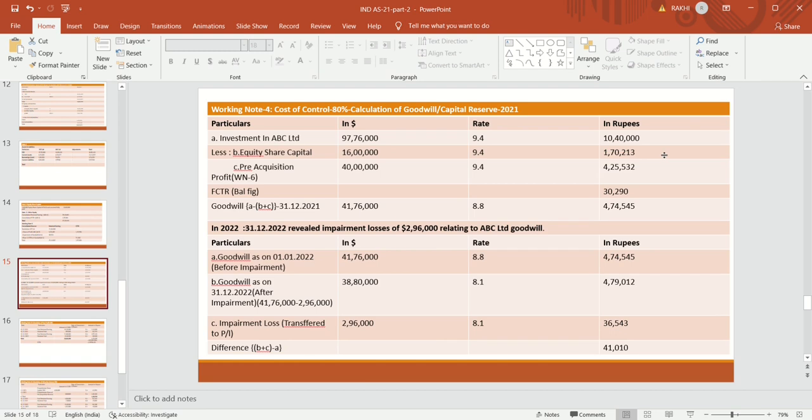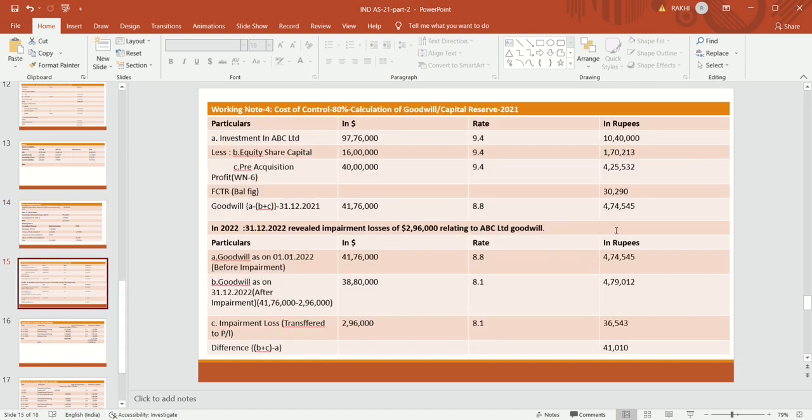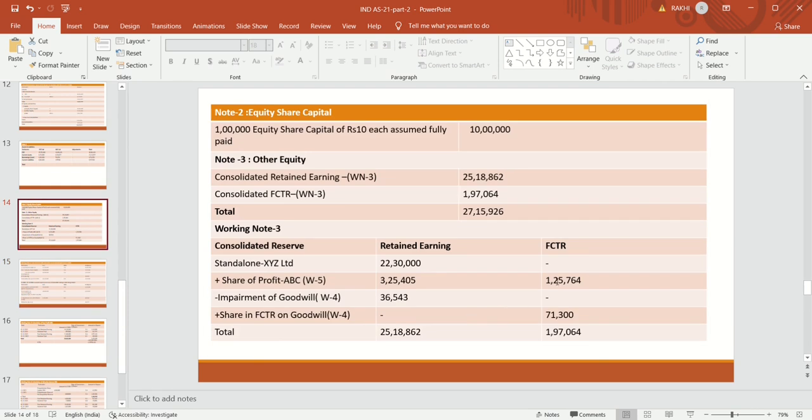So this is the FCTR due to goodwill, that is 3290 and 41,010. So we will take that also, that is 71,300, and the impairment loss is 36,543. Impairment loss is this.